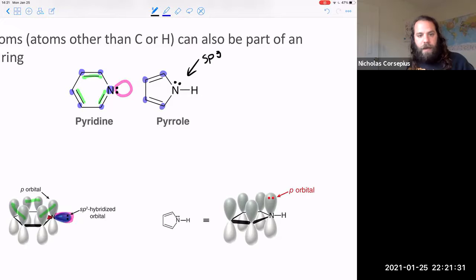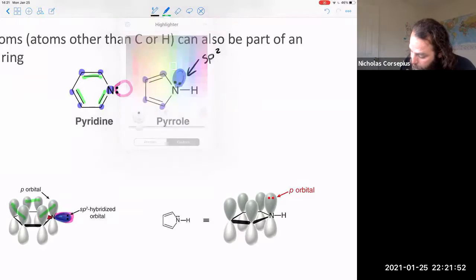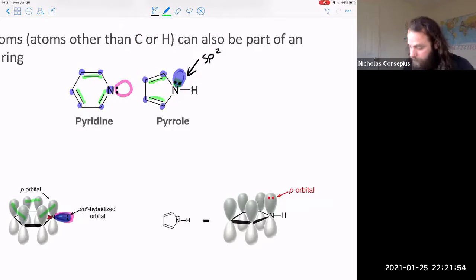But that would make this compound non-aromatic. Whereas if instead nitrogen was sp2 hybridized, then it could keep this pair of electrons in a p orbital and thus allow it to be aromatic, because then that would give me my 2, 4, 6 that I need to meet Huckel's rule.